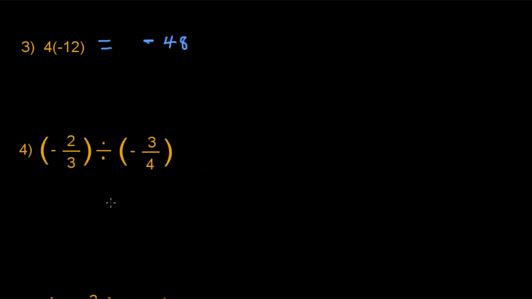The next problem is a division with two fractions, and so we would like to change that to a multiplication of the multiplicative inverse of the second number. So the first number is just the same.